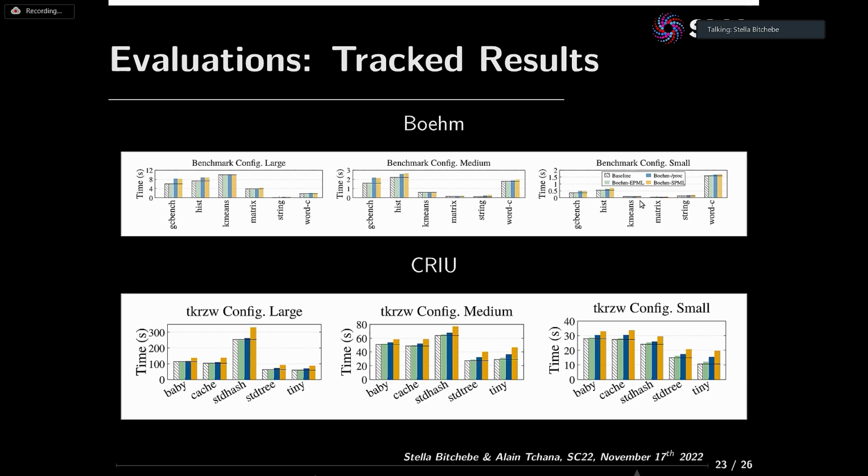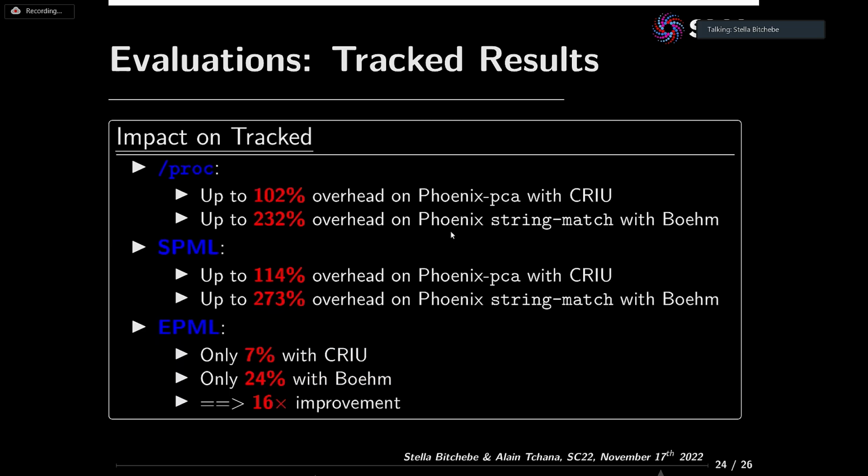And we can see that the overhead that was induced with /proc, for example, on an application could go up to 232%. And extended PML brings that down to only 7.24%, which represents an improvement of 60 times.